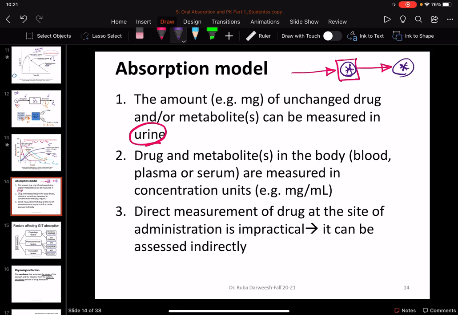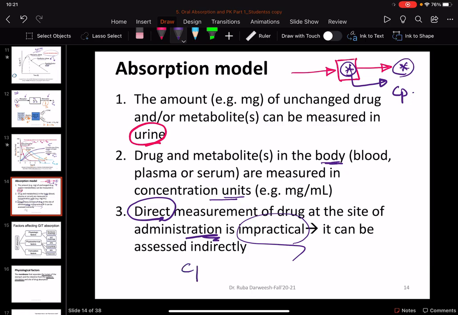Drug and metabolite in the body are measured in concentration units, and that's what you know already, that we measure the concentration in the blood or plasma or serum, because the direct measurement of the drug at the site of administration or even the site of absorption is not practically feasible in this model. We already know this, and we discussed it in the introduction of the kinetics course, in which you can't do it directly.